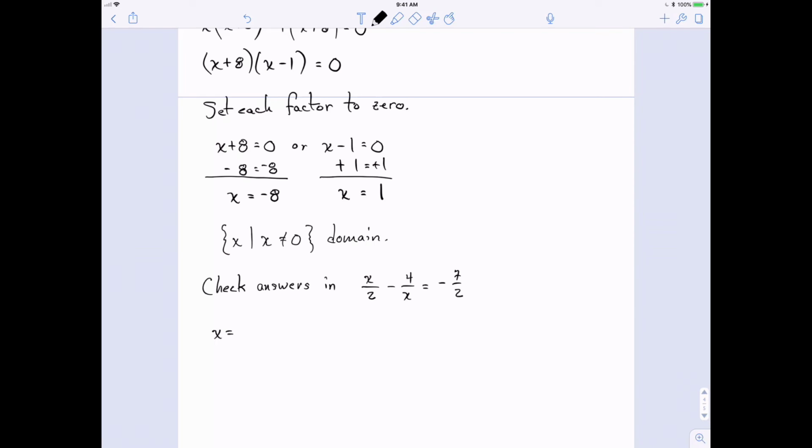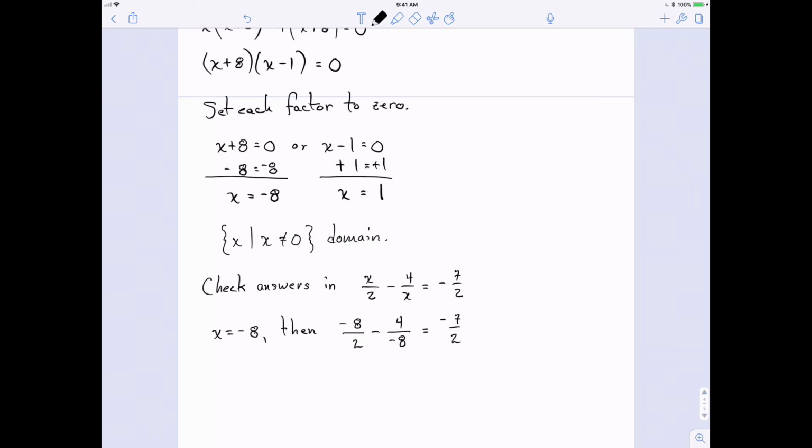If x is negative 8, then we have negative 8 over 2 minus 4 over negative 8. We want to see if this equals negative 7 halves.